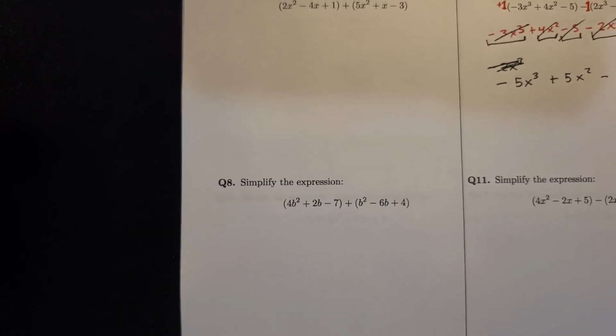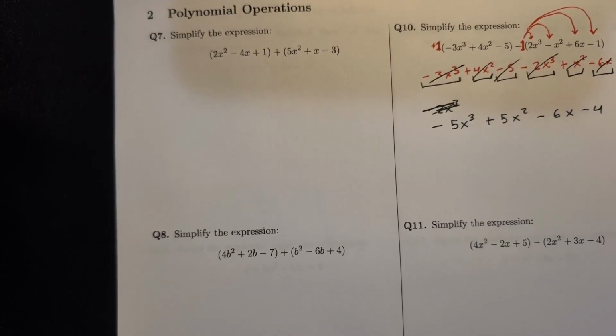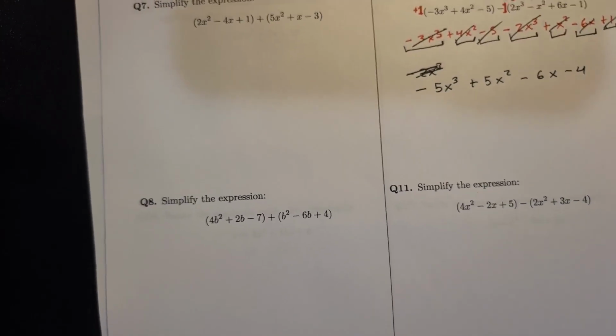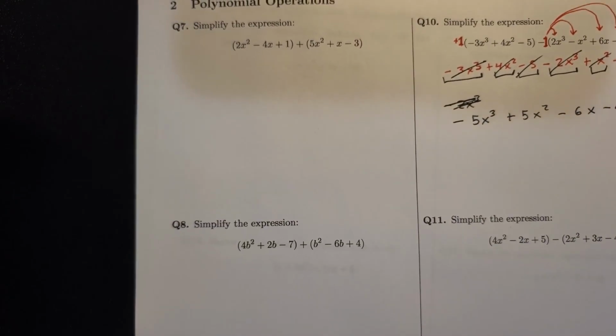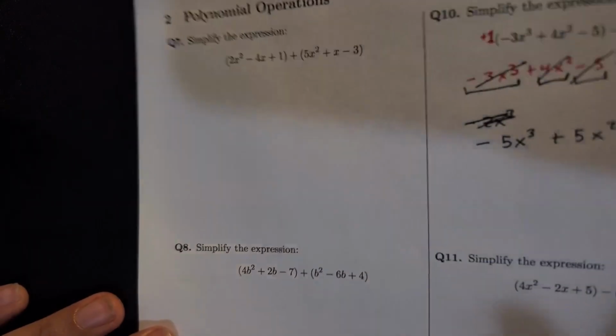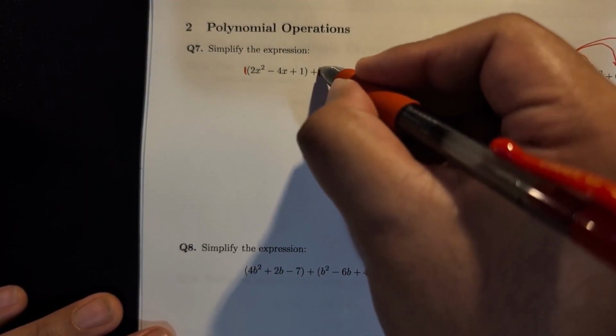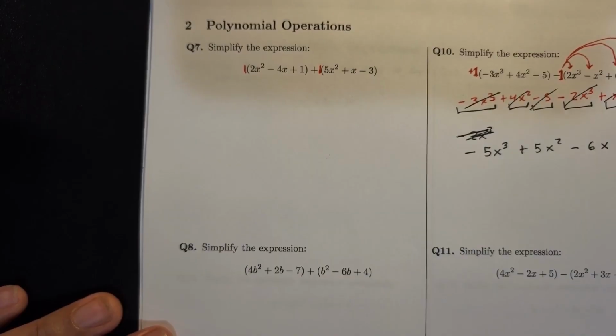Okay. I do want to do question 7. That way we have one example of each. So going over question 7, here we have a positive 1 and a positive 1 in front of my parentheses.